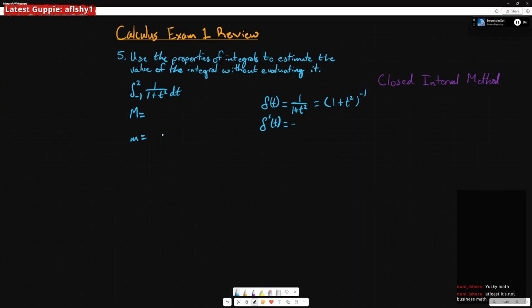So then we get negative 1 plus t squared times 2t.